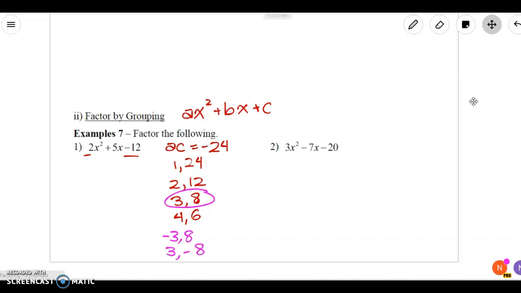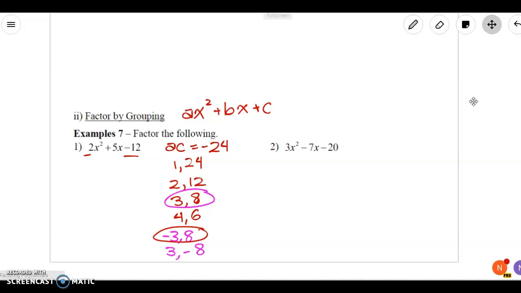Usually by looking at that, we can figure out which one we need. Going back up, we have a plus 5x, so we need a sum of positive 5. Negative 3 and positive 8 will give us that. So our option is negative 3 and 8.